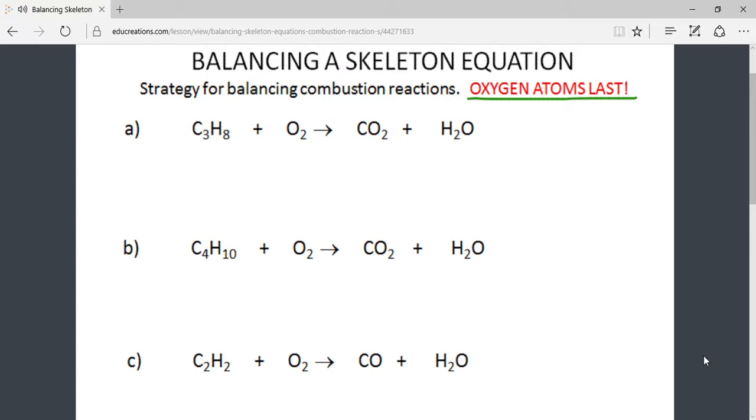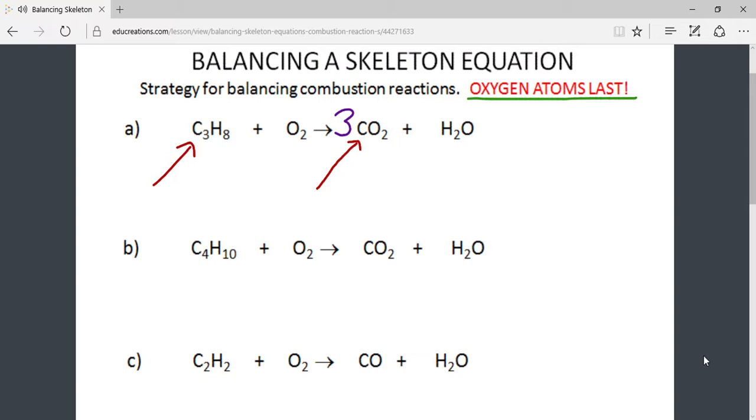We'll begin by balancing the carbon atoms. You can see on the reactant side there are 3 carbon atoms. However, on the product side, there's only 1 carbon atom. Therefore, a coefficient of 3 will be chosen. This creates 3 carbon atoms on the product side.